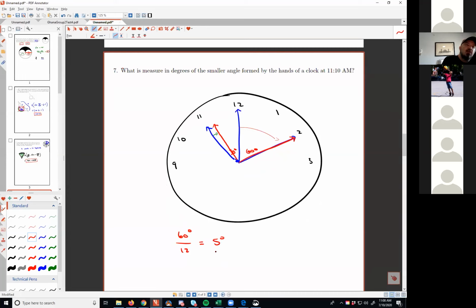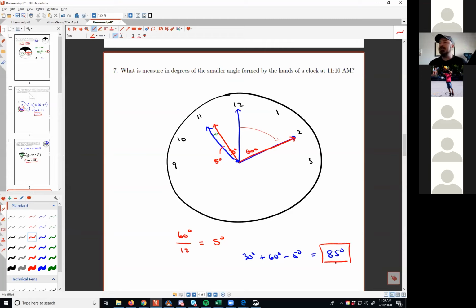So while the angle opens up 60 degrees wider, it also closes down 5 degrees at the same time. So we can compute the measure of the angle as 30 plus 60 minus 5, which is 85 degrees. And this is just one of many ways to do this problem.